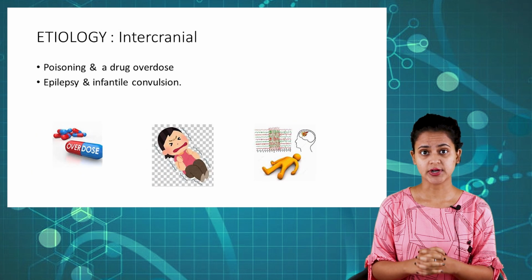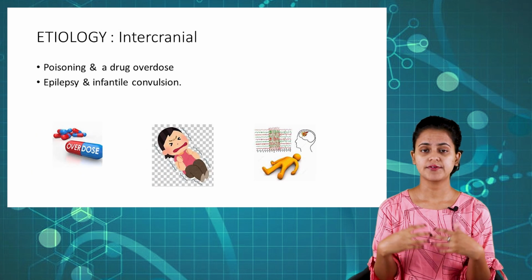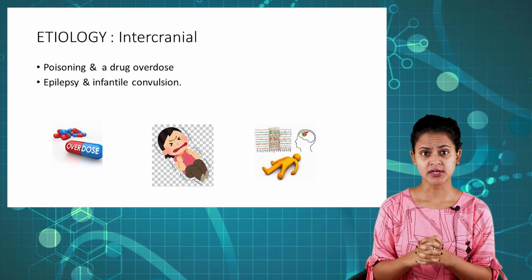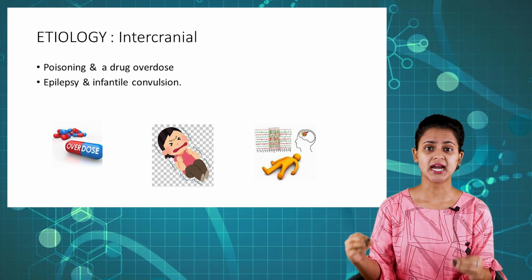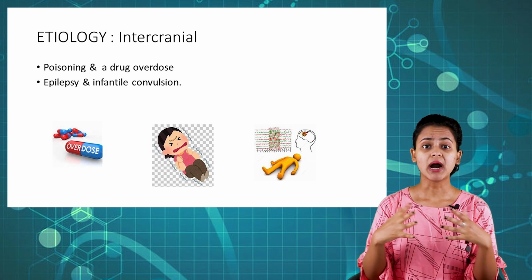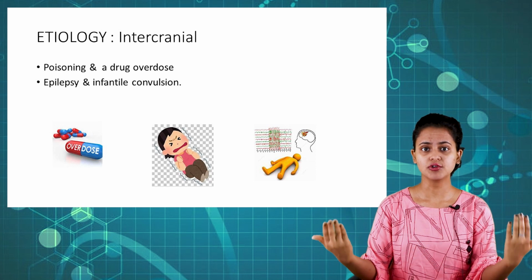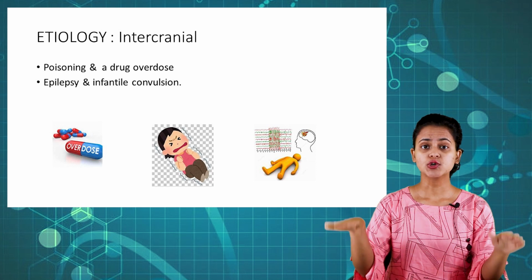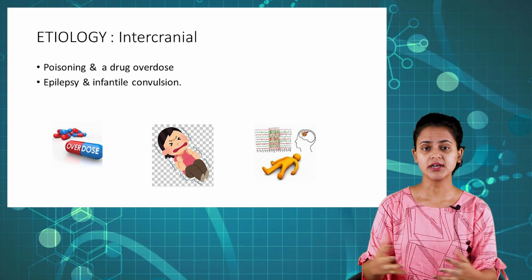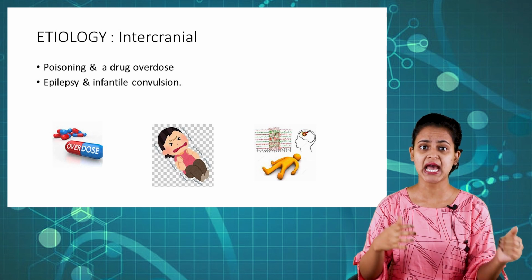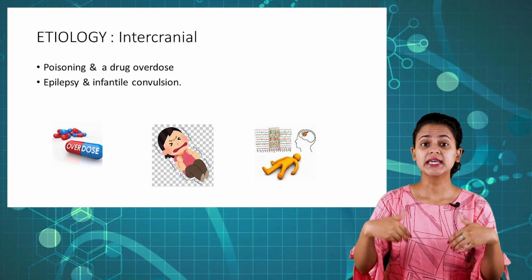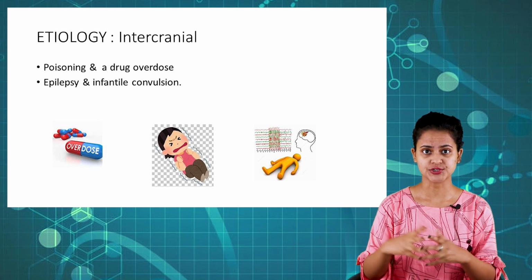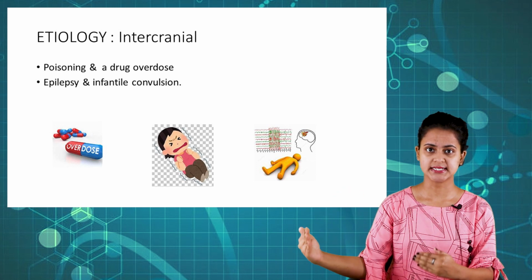The next factor is epilepsy or infantile convulsion. Epilepsy or infantile convulsion indicates a condition where there is malproduction of electrical impulses inside the brain. So if a client has a history of epilepsy as well as infantile convulsion, we may see the person go into an unconscious state.